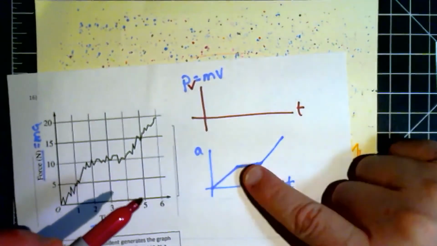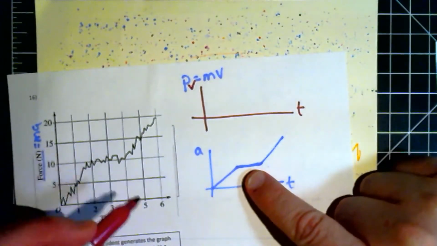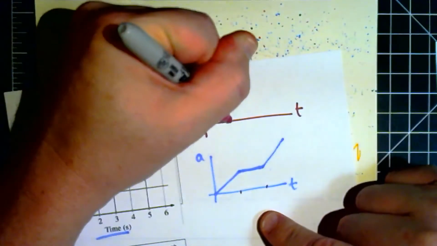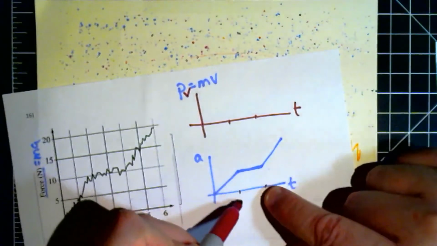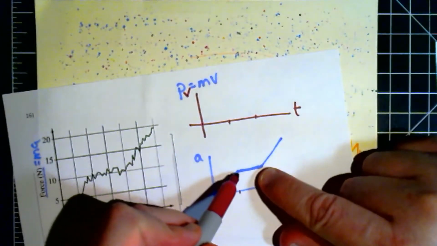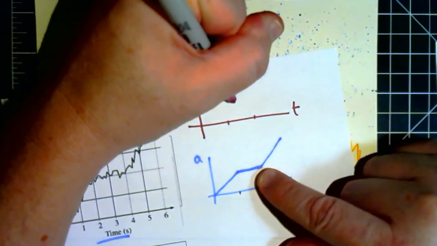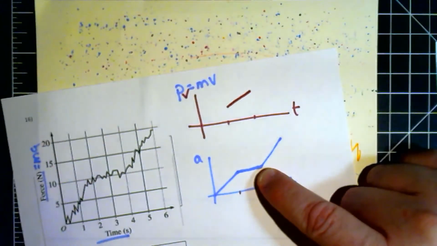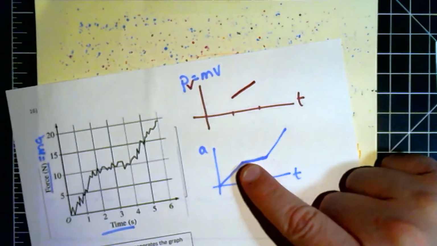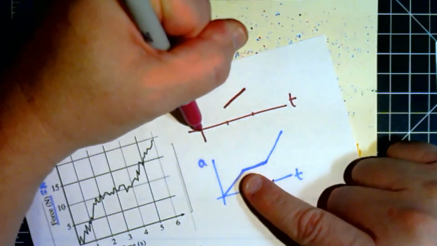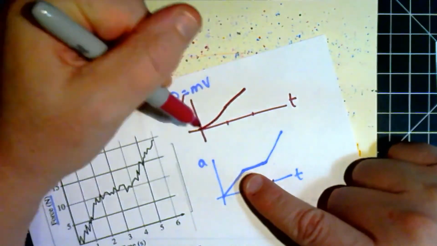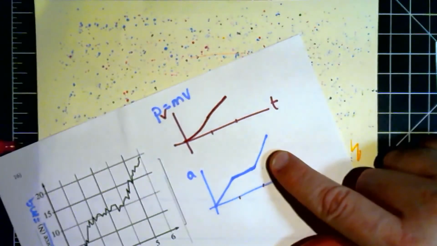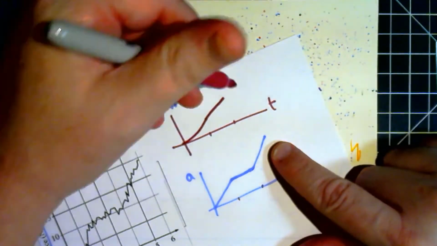Because remember, a constant acceleration during that time corresponds to this little segment of time right here in the middle. And if I have a constant acceleration, that means I have a linear velocity. And if I have an increasing acceleration, then this would have to be some kind of parabolic curve going upward. And then over here, this would also have to be curving upwards.